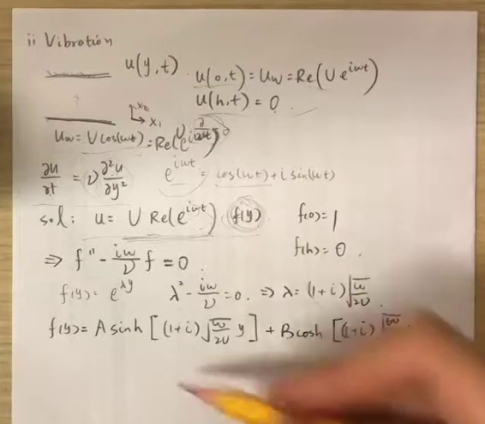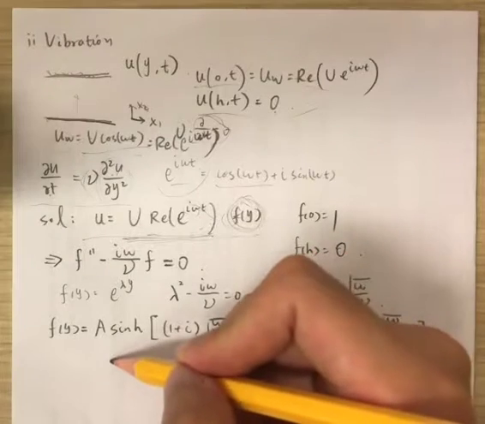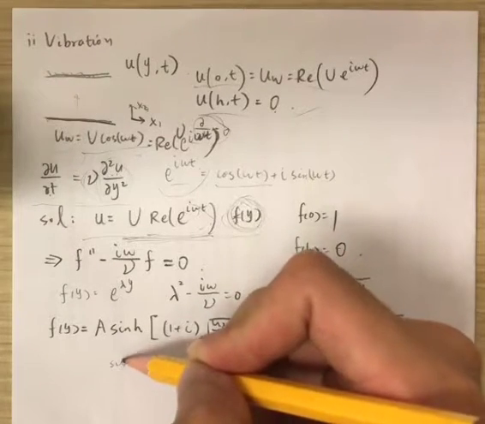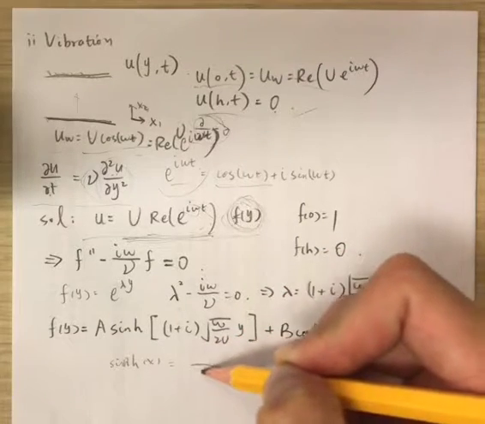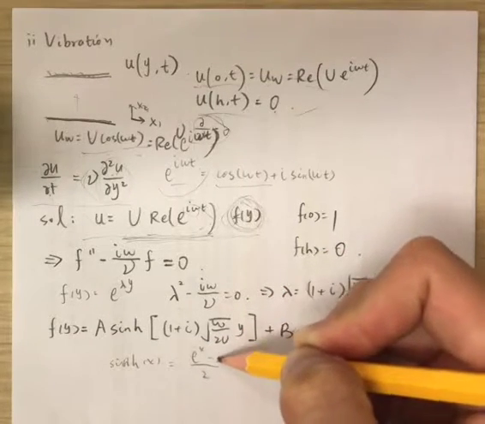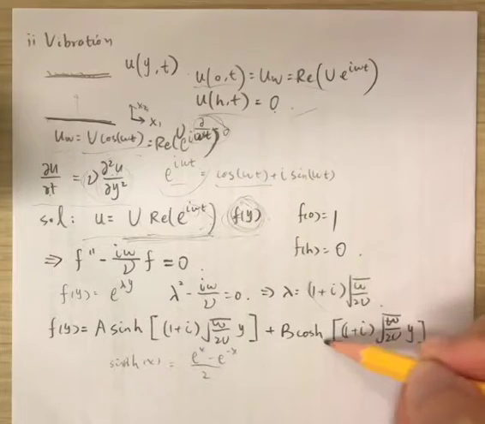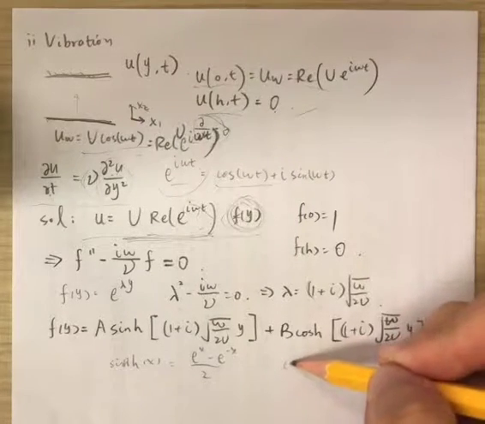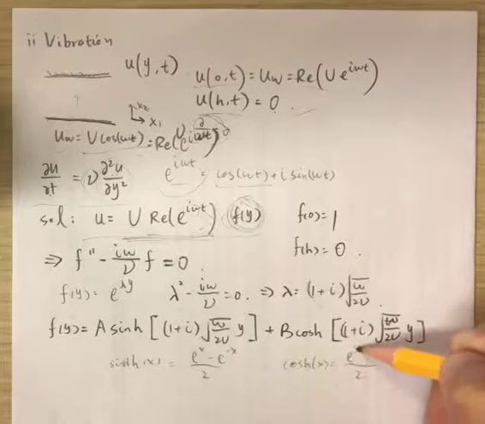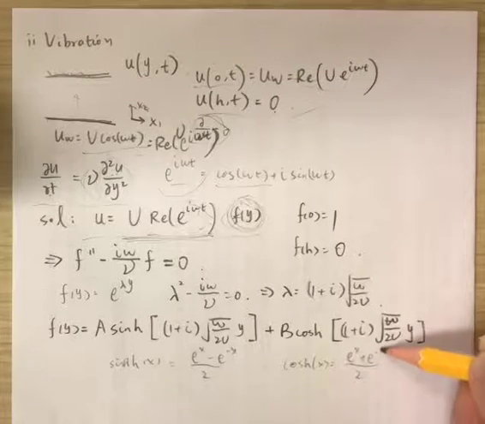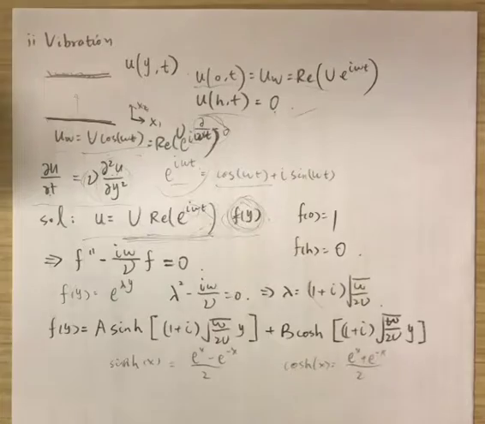Just a little reminder, if you don't remember, sinh x or sine hyperbolic x is just half of e to the x minus e to the minus x, and cosh x is half of e to the power of x plus e to the power of minus x.